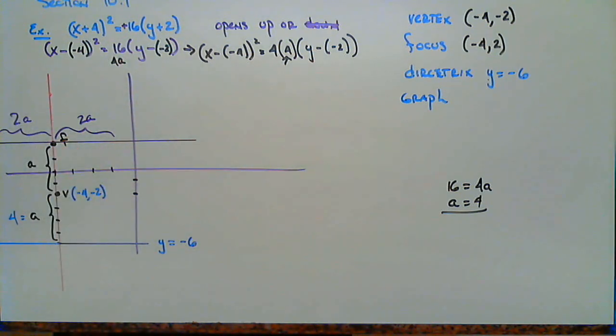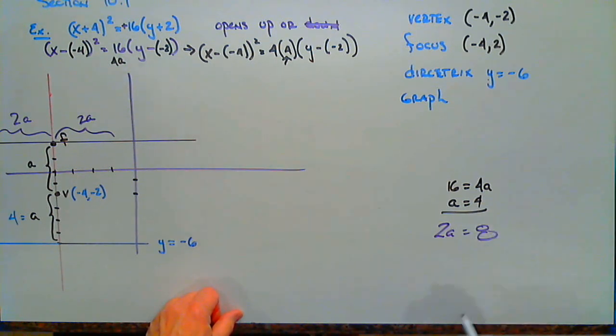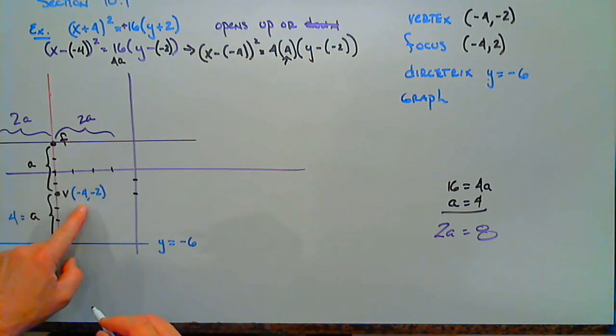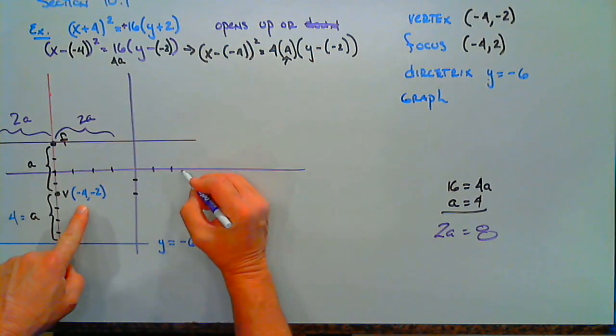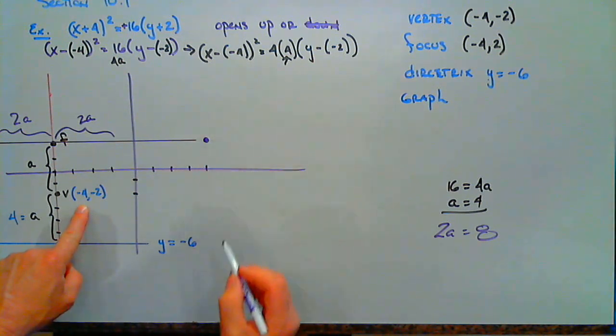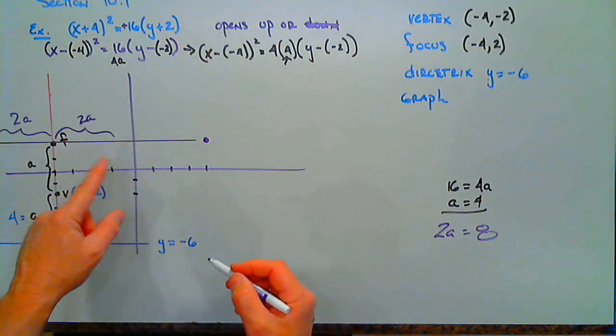Now this is not to scale, because we can all see that 2a is 8, isn't it? 2a is 8. Now 8 from here, we're at -4. 8 is going to be at +4, isn't it? Now we know what that point is. We moved over 2a.